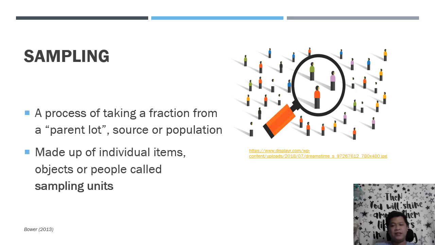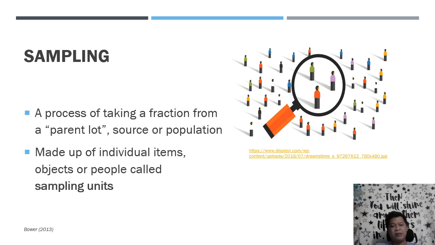So in most cases, it's impossible to test the whole population, and the whole point of statistics usually is to try and infer the population's response through testing a subset of the population called the sample.